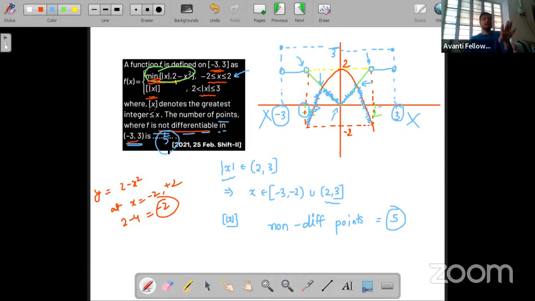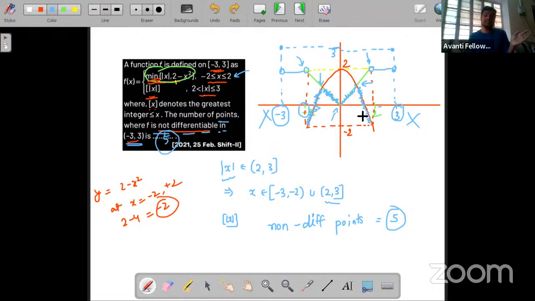If in the examination it were asked what is the number of non-differentiable points in close -3 to 3, then we have to take care of these points, right? Because at -3 there is a gap, the pen is lifted, and again at 3 the pen is lifted.